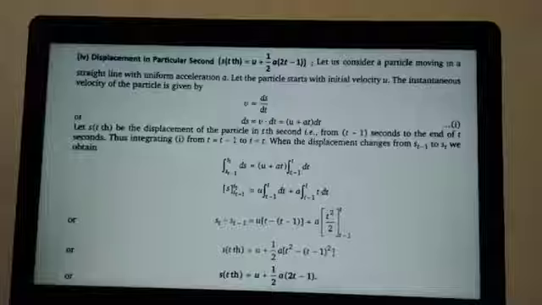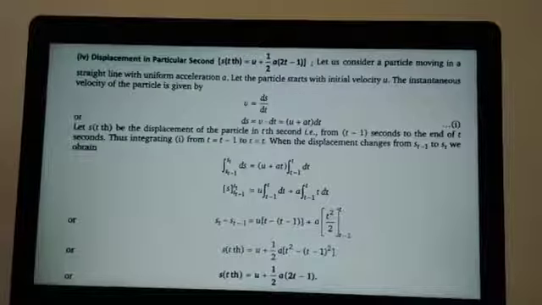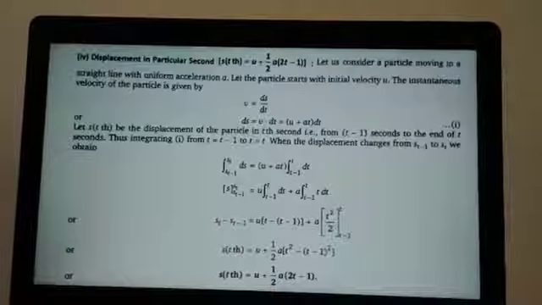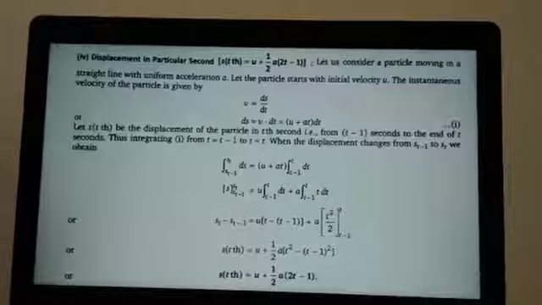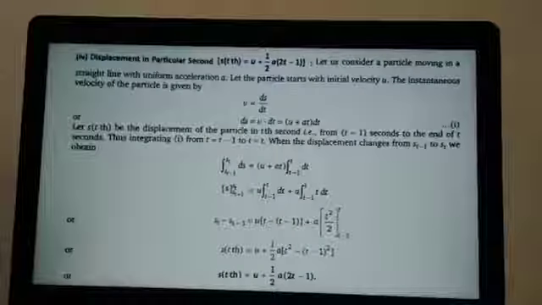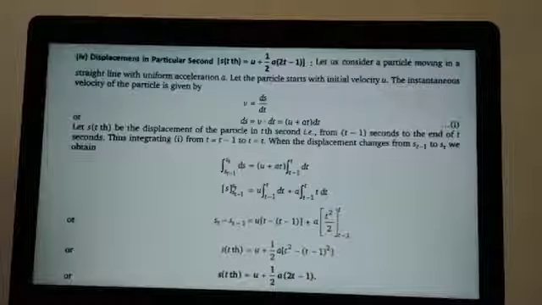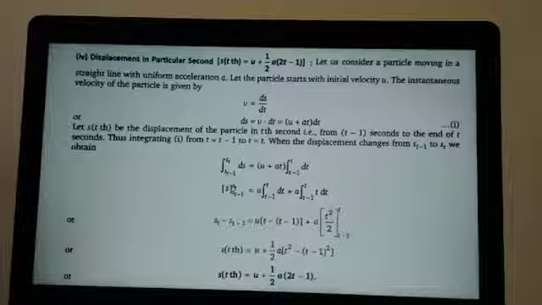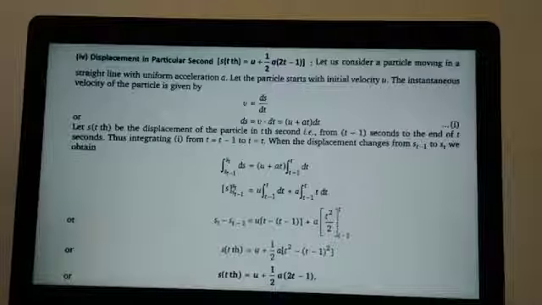So the first term will become u, plus half a into t square minus (t minus 1) square. When you have (t minus 1) square, that is t square minus 2t plus 1, and that is multiplied by a negative sign outside. So in the square bracket it will become t square, it is already there, minus t square plus 2t minus 1.